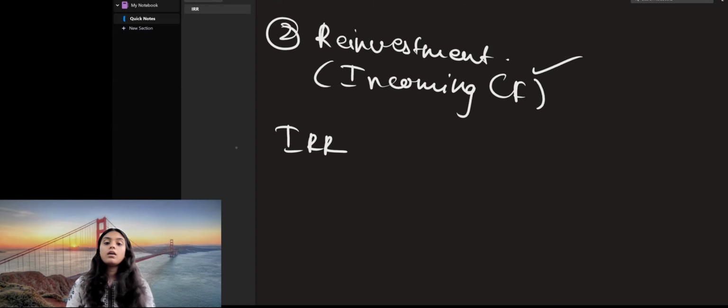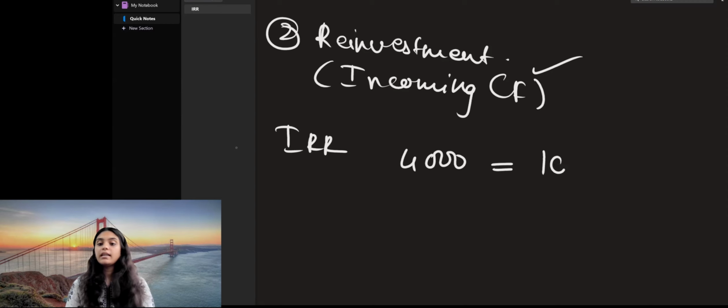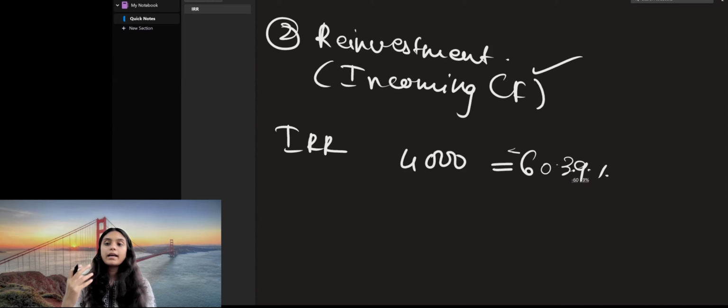Means if I am getting 4,000, it is getting invested and it is assuming that you are getting a return of minus 60.39%. So this is what IRR is assuming, and then it is giving you the result.